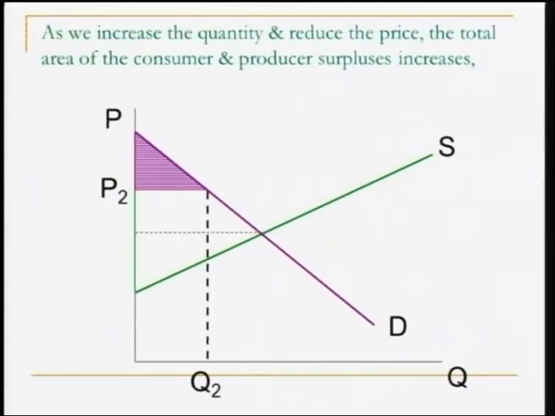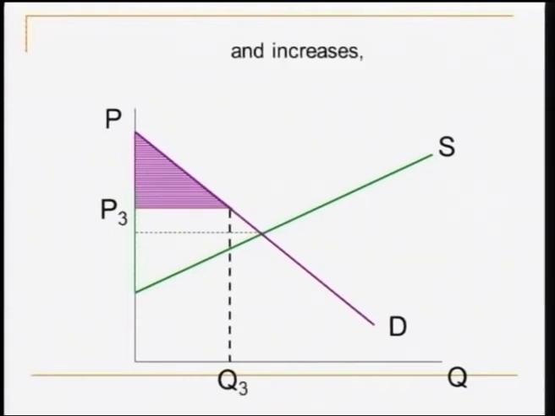What do you see? What else? As much as the quantity increases, this is the consumer surplus here, and this is the producer surplus. What do you see? Consumer surplus increases. The producer surplus increases as well.